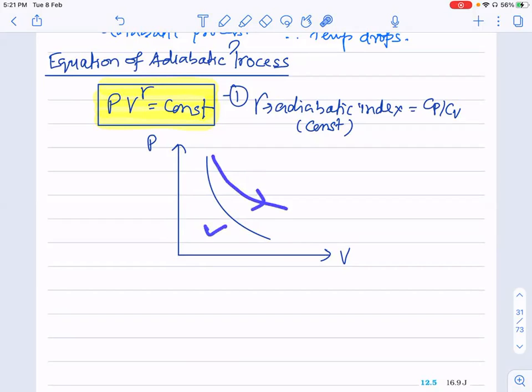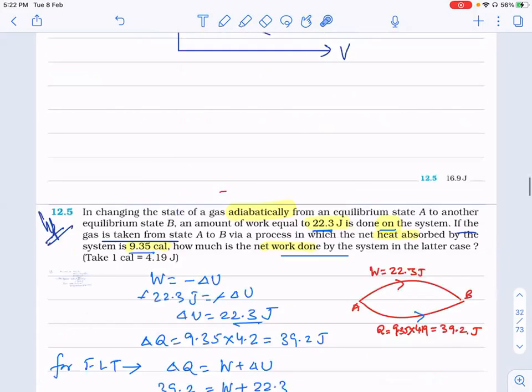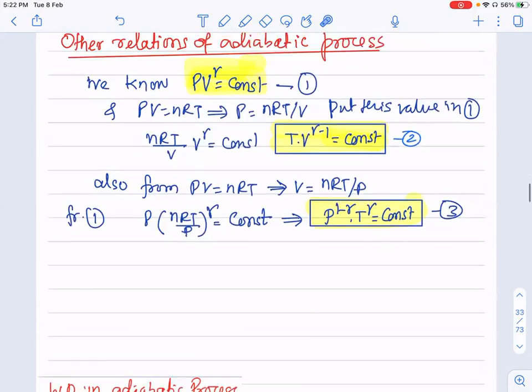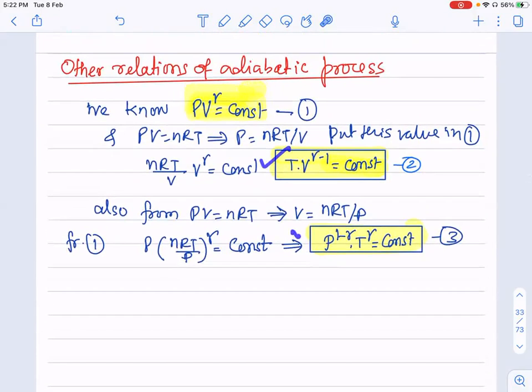Isothermal का ऊपर रहेगा ऐसा, and adiabatic का ये रहेगा. ठीक है? So this we have seen, and इसको ideal gas equation को use करके हमने other 2 forms also written. These 3 equations will represent the adiabatic process.